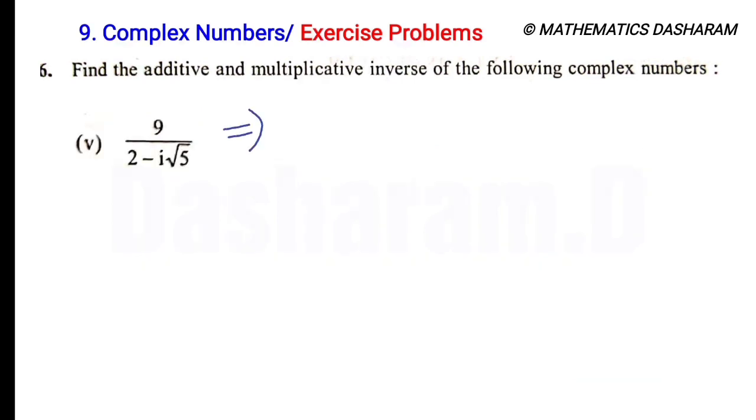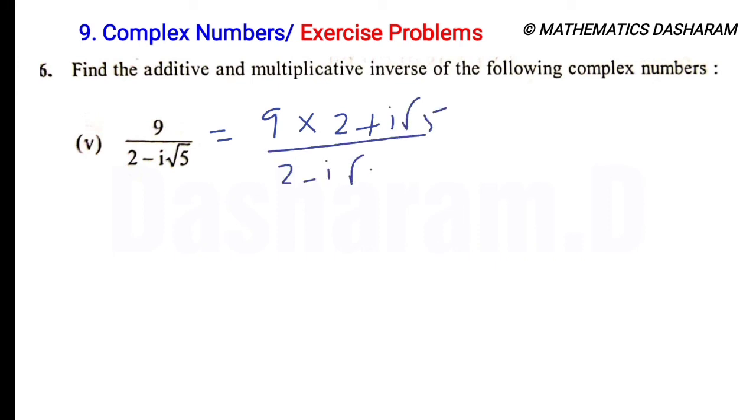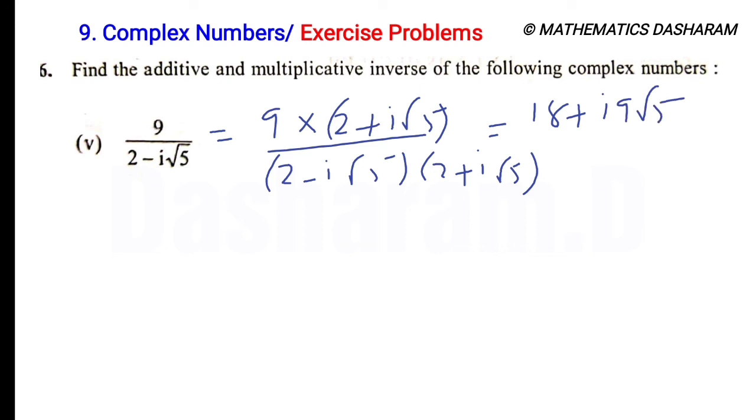Let's convert this question into a plus ib form. So that is why here we multiply with 2 plus √5 i, which is the conjugate of the denominator. So (18 plus 9√5 i) divided by (a minus b)(a plus b), that is a squared minus (√5 i) whole square.